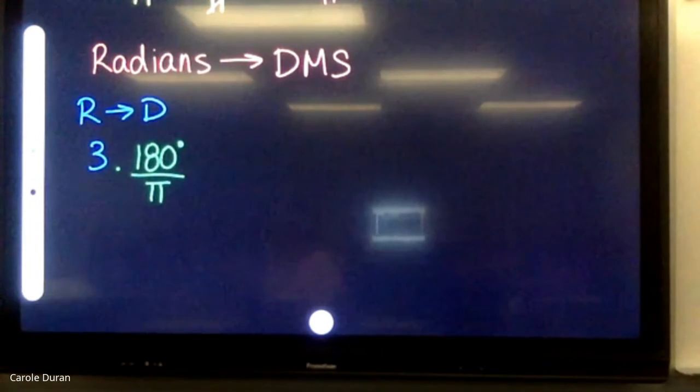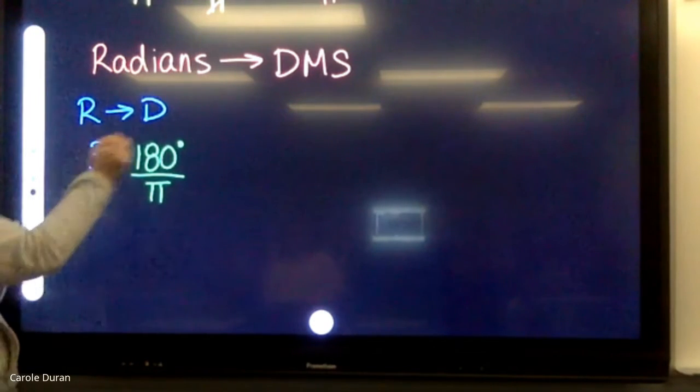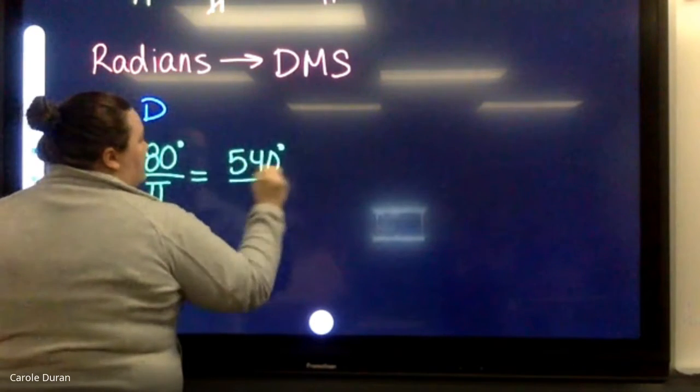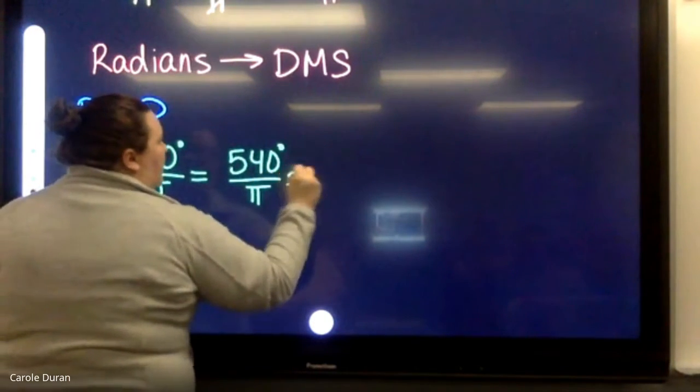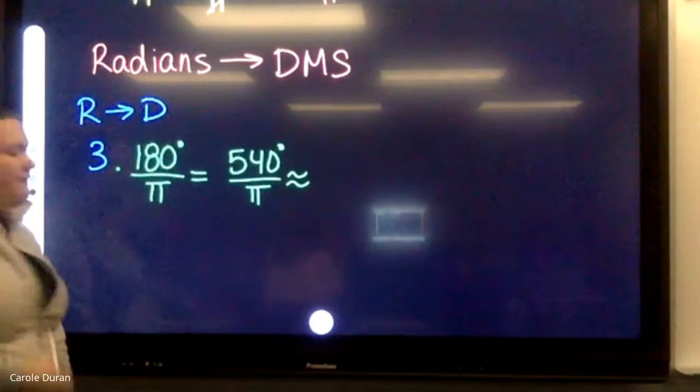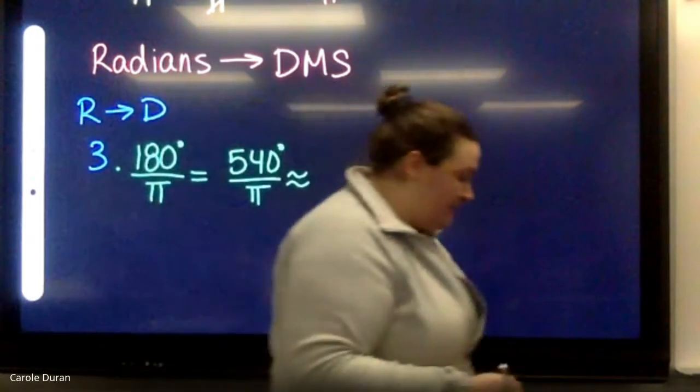If you notice here, I'm not going to have a pi that cancels, which is why it's okay to get a decimal. So in my calculator, I'm literally going to do 3 times 180, which will be 540, divided by pi. And I expect my decimal to 4 decimal places if possible. So in your calculators, tell me what 540 divided by pi is.